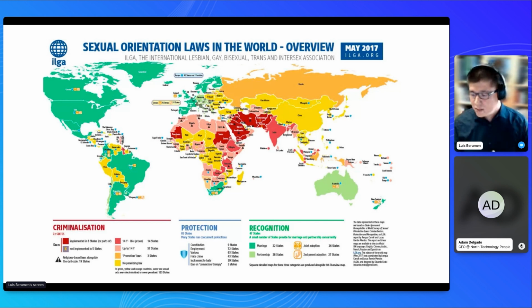So recently, I read the news about some governments using Grindr to start flagging potential users, and therefore start attacking them. And this is a very complicated topic, because if we have a product that is focusing on a community, we also have the responsibility to protect that community, right?